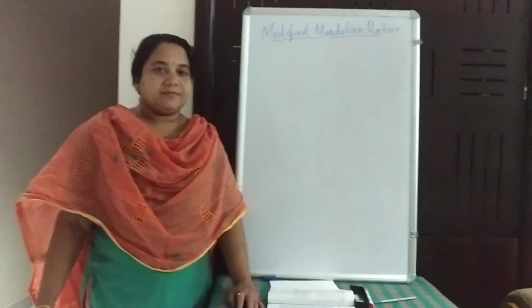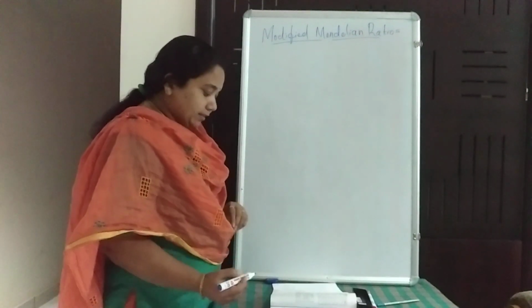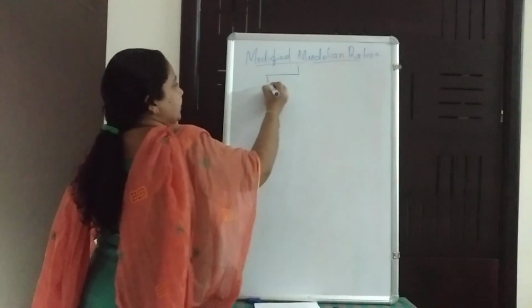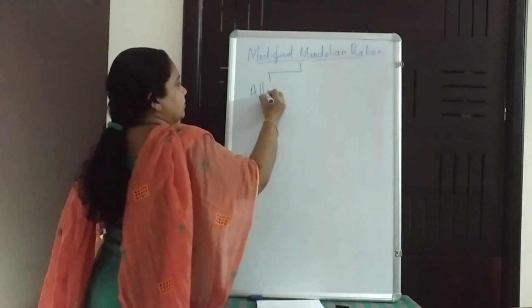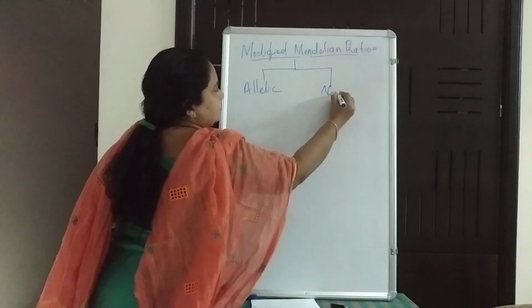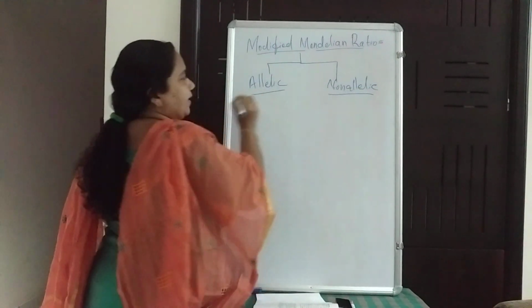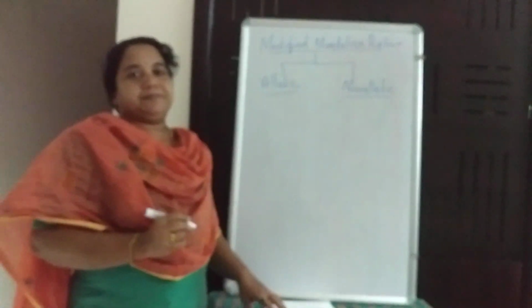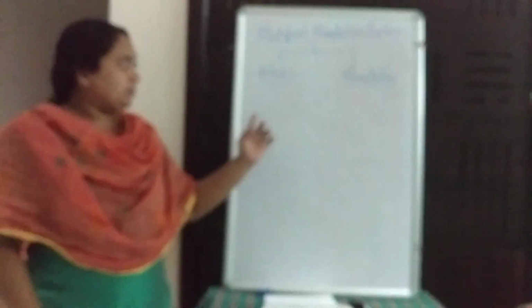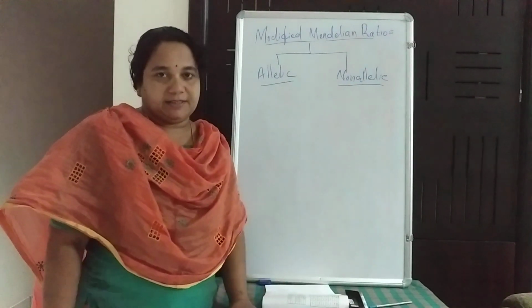Okay. Next, we are going to deal with the topic Mendelian ratio as allelic and non-allelic. What is the difference between these two? Allelic interaction means the alleles of the same gene interact.